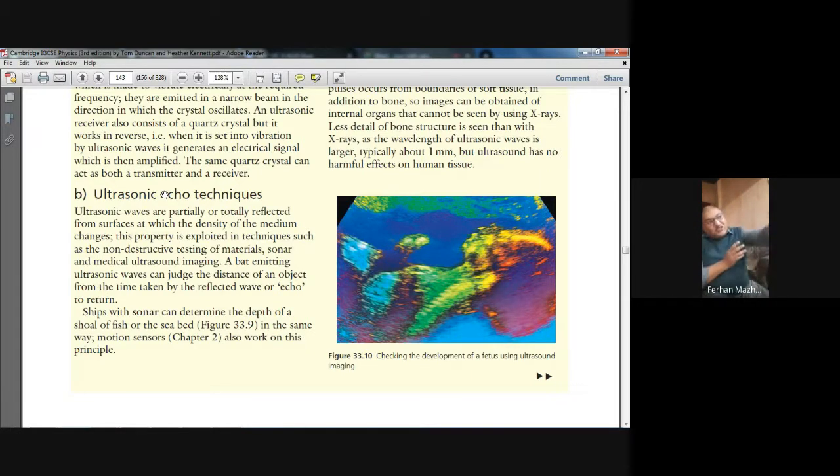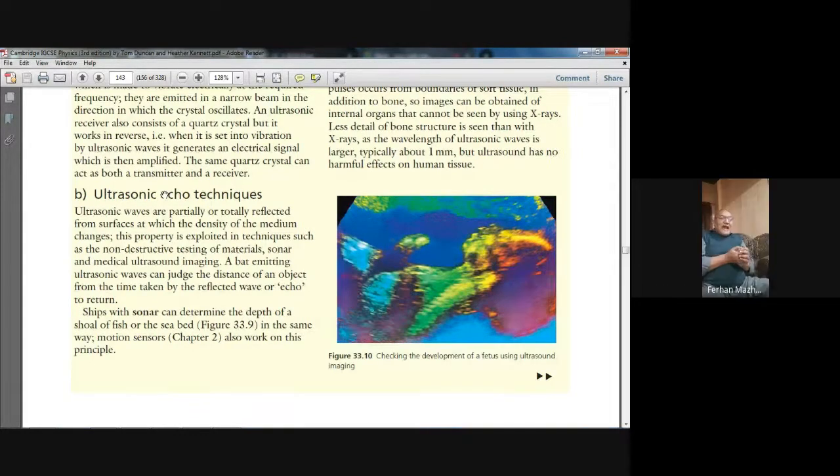When the bat receives the reflected ultrasound back, the bat's brain can process it and tell the shape of the object, how wide it is, how high it is, whether it is moving towards the bat or away from the bat, or is stationary.